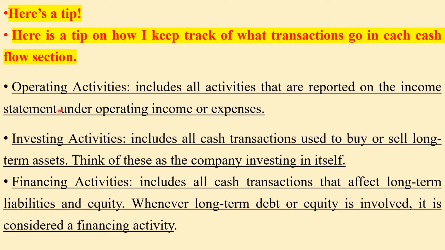Examine it because you will be using that in preparing your cash flow. Because cash flow has three sections: the operating activities, the investing activities, and the financing activities. So if you prepare for the operating activities, take a look at the income statement. Kaya makita mo ang operating income and operating expenses.